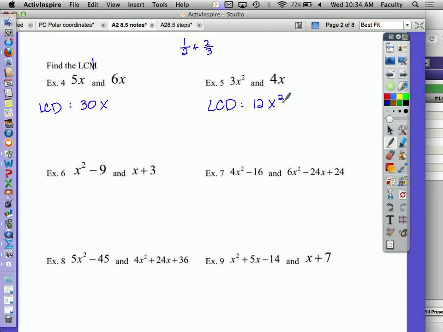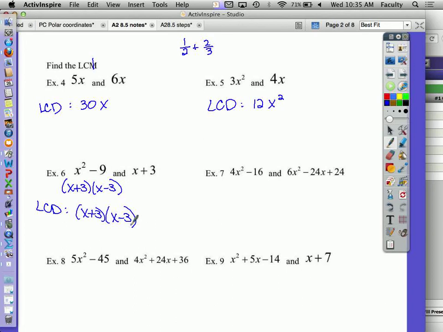Now, in example 6, sometimes you need to factor before you can find the LCD. They both have an x plus 3, but there's also an x minus 3.